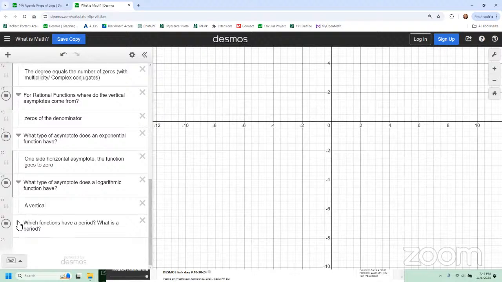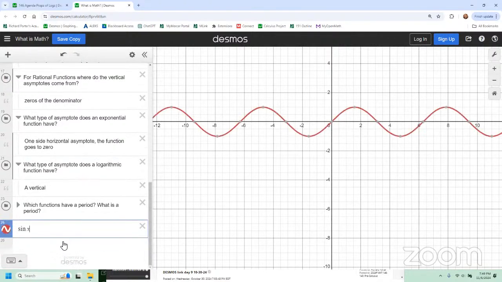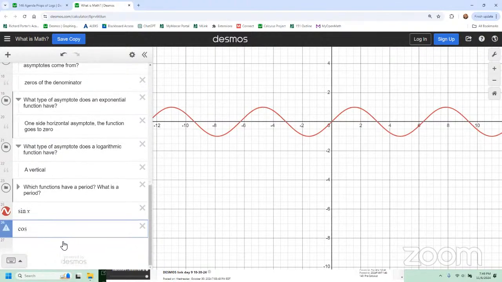I'm trying to think of a word that it rhymes with. That's a hard word to rhyme with, but it's a long word. This function has a period. What's the general group of these functions called? Does anyone remember?